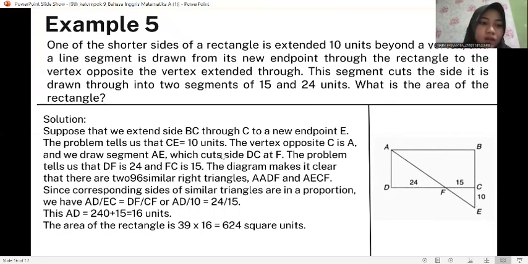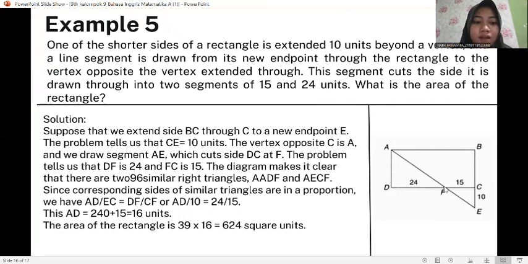Okay. The solution is, suppose that we extend side BC through C to a new endpoint E. The problem tells us that CE equals 10 units. The vertex opposite C is A, and we draw segment AE, which cuts side DC at F.